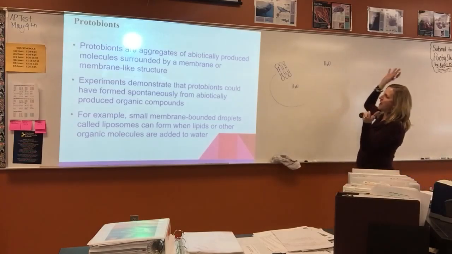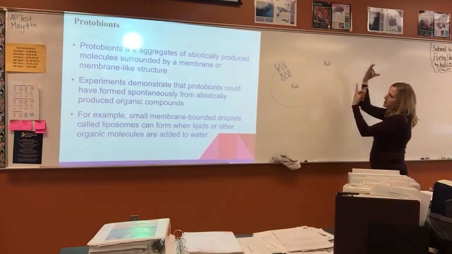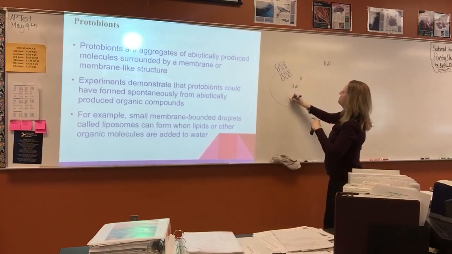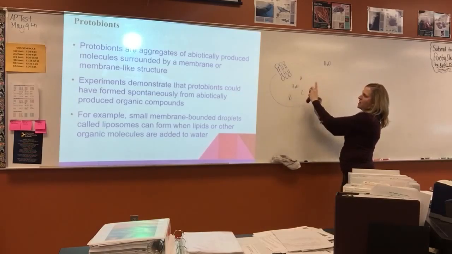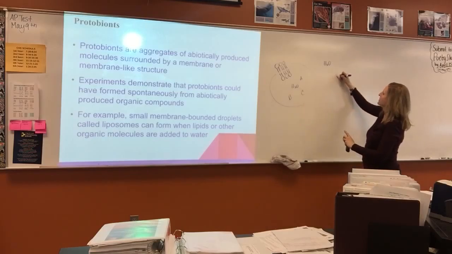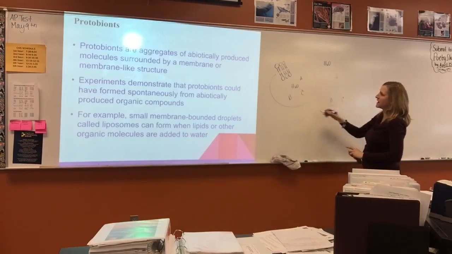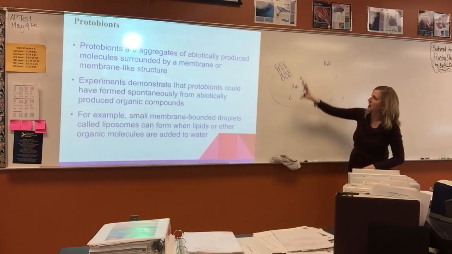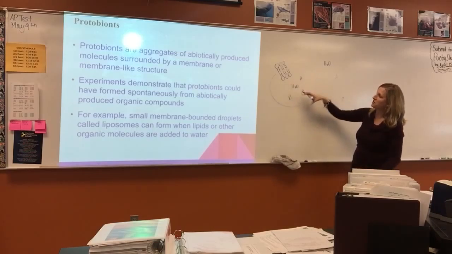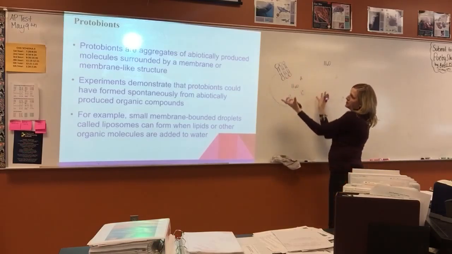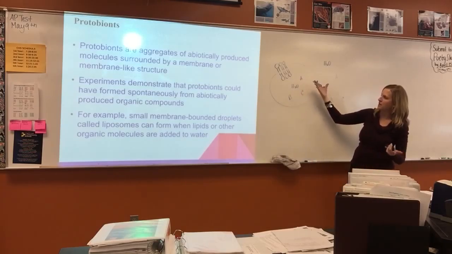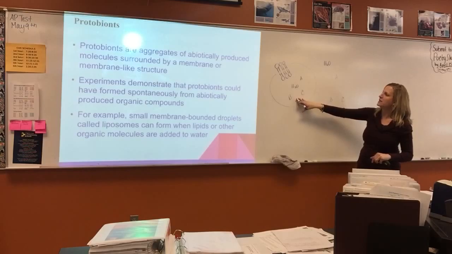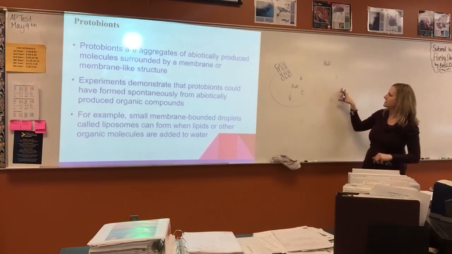And then if you add any other molecules in the water, so I'm just going to put here like molecule A, B, and C, that can be inside this solution as well, and those same molecules can be outside here. So you have a precursor kind of to a cell with certain molecules that randomly, when these phospholipids formed the shell, these molecules randomly got put into the inside of here, and then these guys are on the outside.